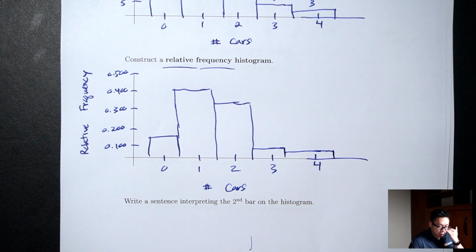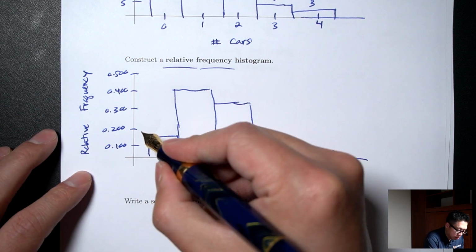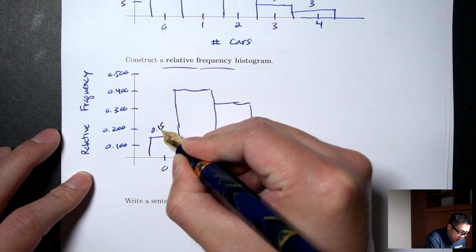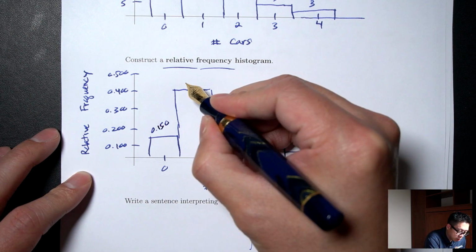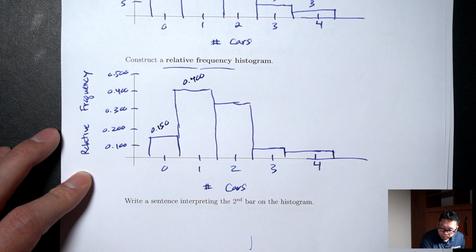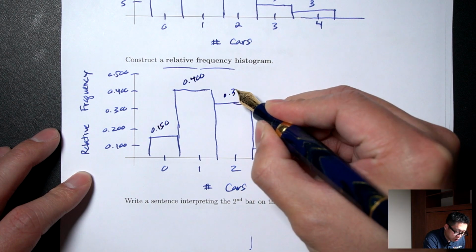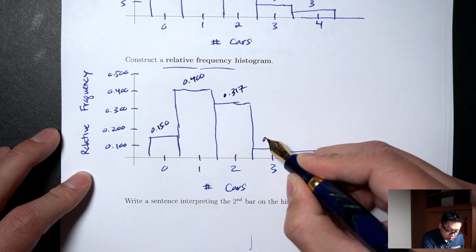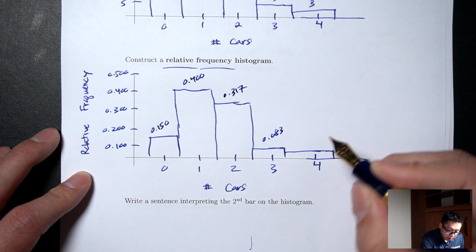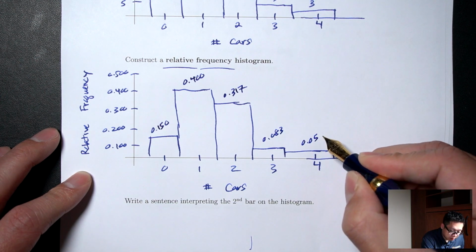And then I'm going to label the bars with the relative frequencies. 0.150, 0.400, 0.317, 0.083, 0.050.